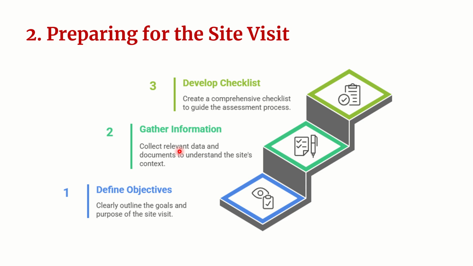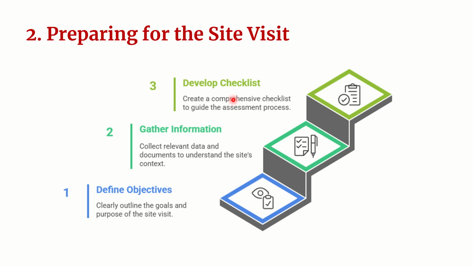So it is like collecting the information related to company profile, basic process description, flow diagrams, previous environmental reports or audits, utility bills, waste generation records, safety data sheet, and organizational chart, key personal contacts. So all kind of the information required you need to collect.